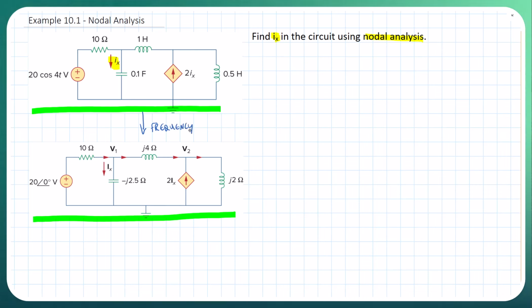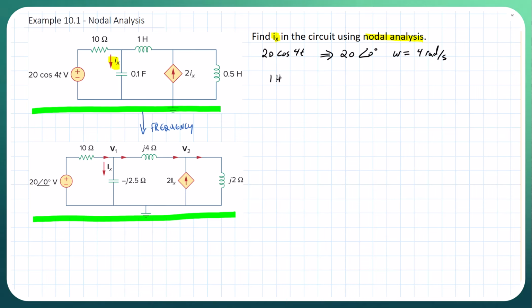And then we're going to do the standard nodal analysis we've been doing throughout the examples this semester. So first, we take our voltage source, which is 20 cosine 4t, and convert it to polar: that's 20 at an angle of 0, and we make a note that our omega is 4 radians per second.